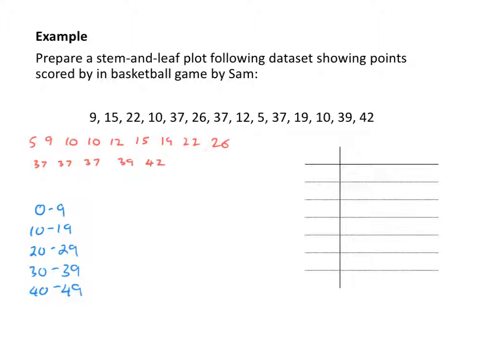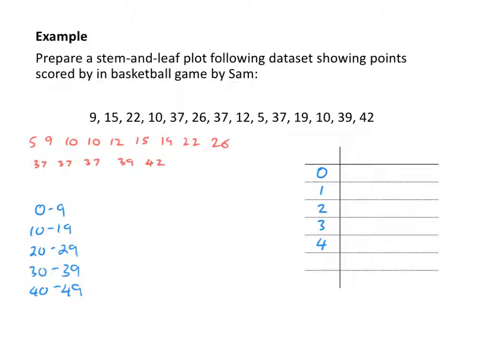Now to put that onto the stem, because I'm going up in groups of 10 starting from 0, what I'm going to do is start labeling it 0, 1, 2, 3, 4, and that is going to be my stem. Now the next step is to go ahead and to place the individual values onto the leaf part of the stem and leaf plot.